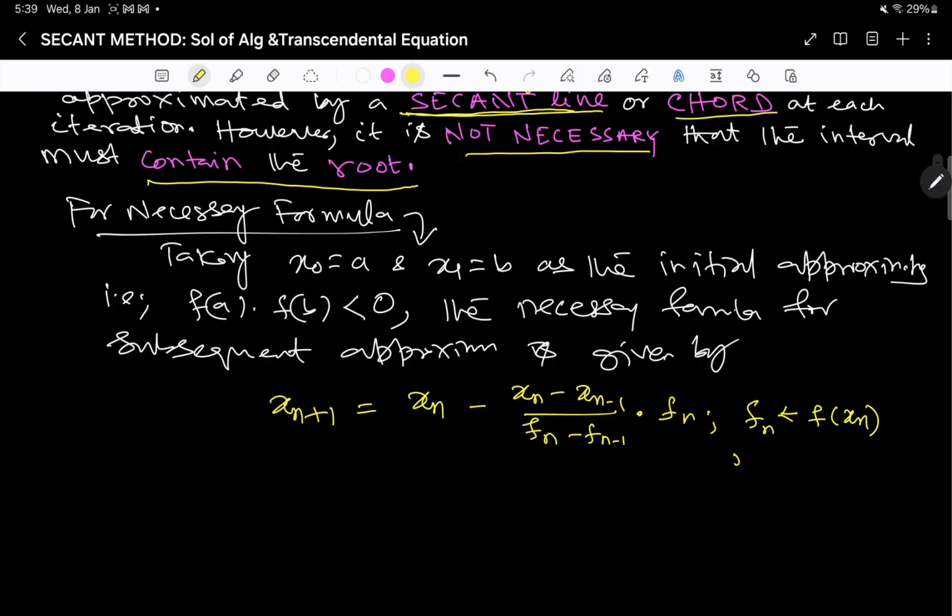This is the formula, and n varies from 1, 2, 3, and so on.